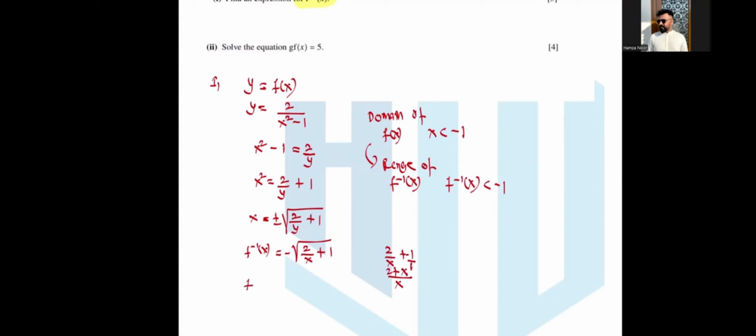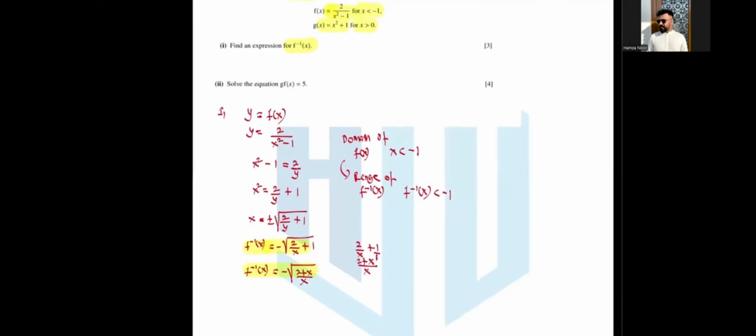So your equivalent form of the f inverse x function is f inverse x equal to minus the square root of (2 plus x) completely over x. Either you can write your answer in this form or this form. So this was the f inverse x function, the requirement of part 1.